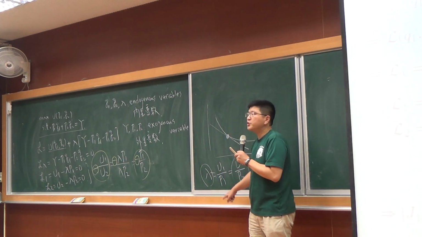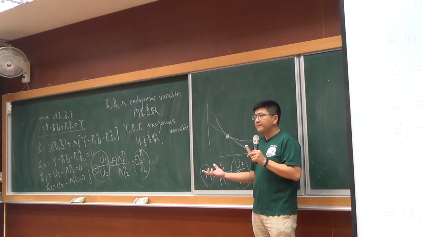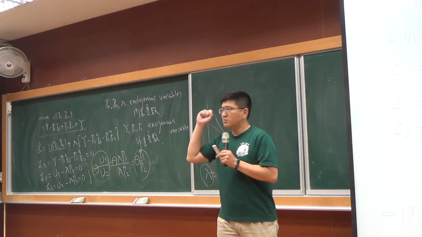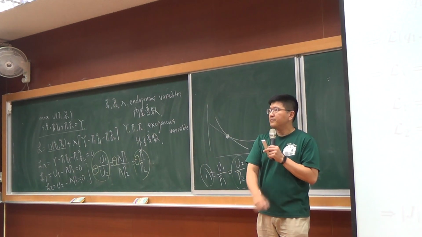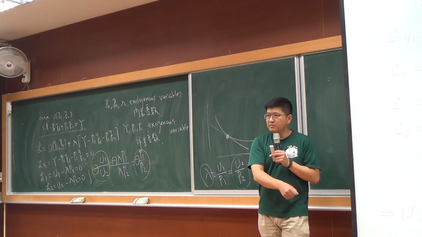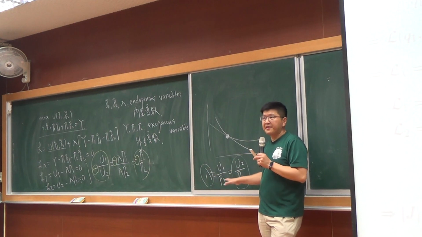Be it put on good 1 or good 2, it must be the same. So the last $1 must give the same marginal utility, either on x1 or x2, good 1 or good 2. So got the math, okay?